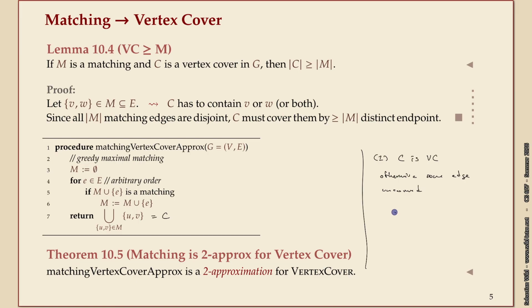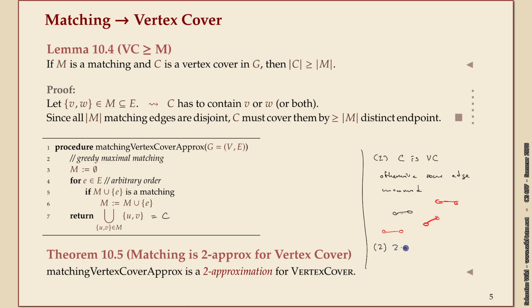So there's an edge here that I'm not covering, but I took from all the matching edges both endpoints. So they might lie somewhere here, but I didn't take either of those 2 endpoints. Well, then I could have added this edge to the matching without violating that it is a matching, and that's a contradiction to how we pick things. So it has to be a vertex cover.